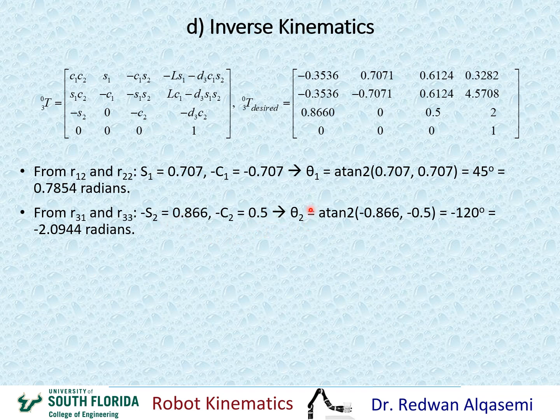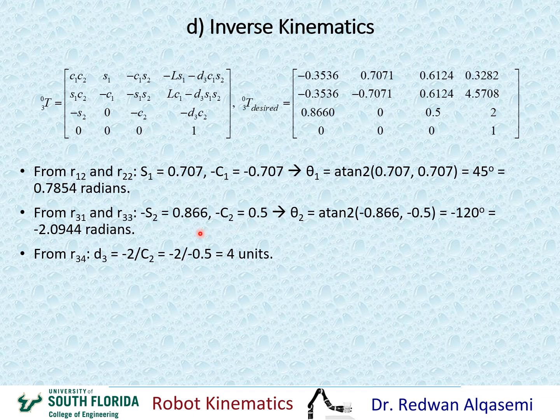From this, I can go straight to find theta 2 using atan2 again. I put the amount of sine here, making sure I include the negative sign, and then the amount for the cosine, also including its sign. Because both of these are negative, this equation gives me directly the right angle, which in this case is in the third quadrant. That angle turned out to be negative 120 degrees or negative 2.0944 radians. So that would be my theta 2.